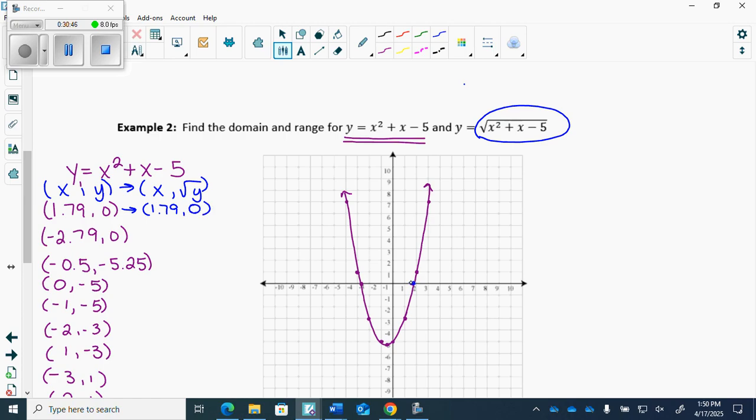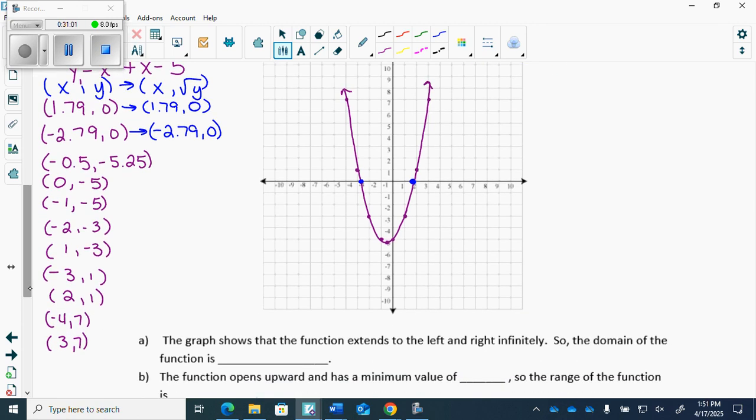Stays the same. This one is negative 2.79 and 0. It's going to become negative 2.79 and 0. Square root of 0 is the same, so that stays the same. And then what other one stays the same? Oh, these two. Negative 3 comma square root of 1 is 1. And then 2 and 1, those don't change, so they're invariant.